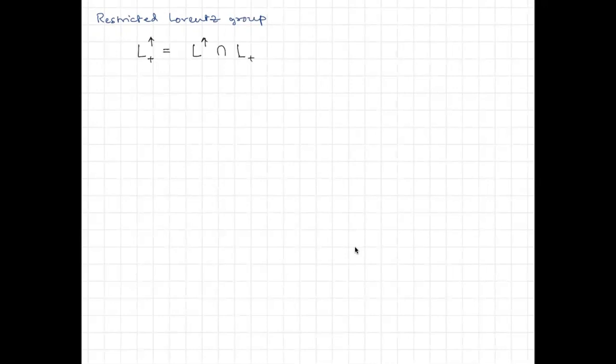So this is thus going to be all of these lambdas that belong to O(1,3), just to make sure that we remember that these have real entries, and the determinant is going to be equal to 1, and lambda naught naught is going to be greater than or equal to +1. Okay, so this is the group that we are going to be interested in, and this is what we are going to work with.